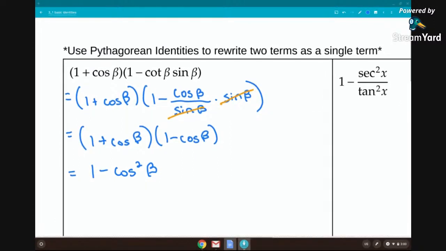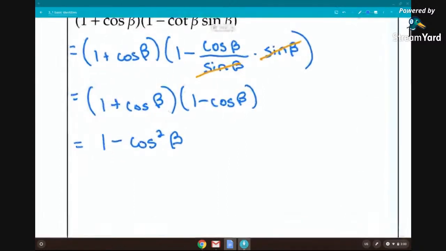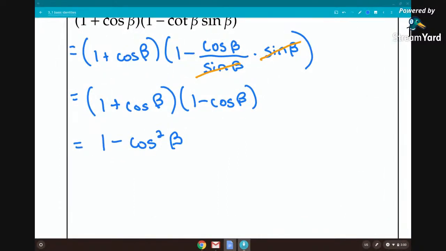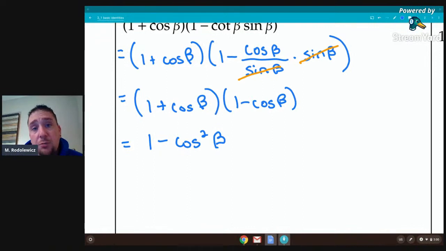And again, you might argue that this expression is simplified, but one strategy I would tell anyone is whenever you're simplifying trigonometric expressions and they involve a square, meaning a sine squared, a cosine squared, a tangent squared, a secant squared, anytime you have a trig function to the second power or beyond, but definitely second power is the biggest clue, you want to refer back to your Pythagorean identities.